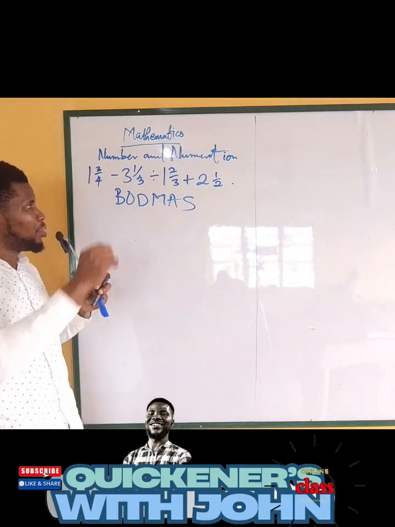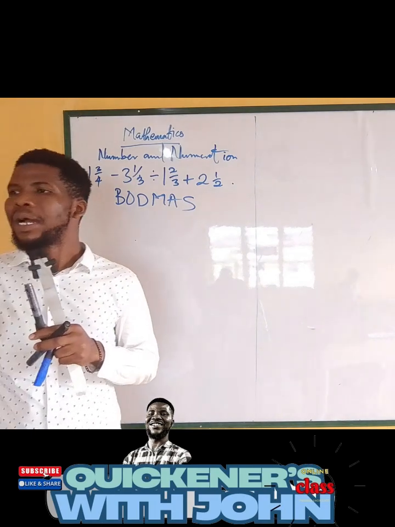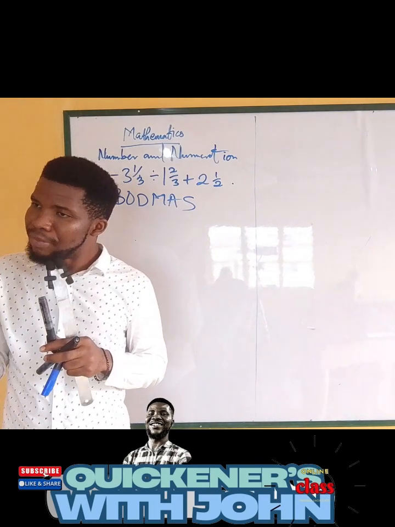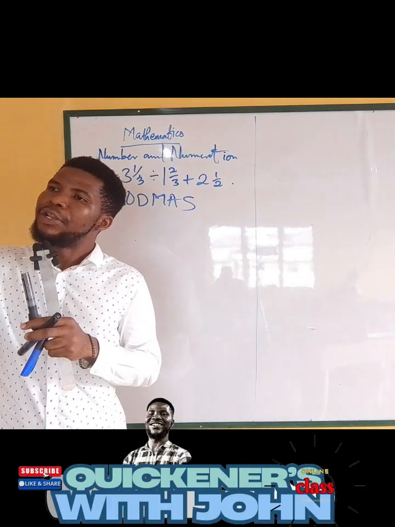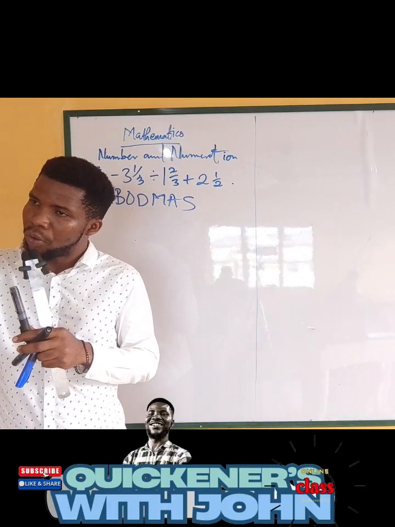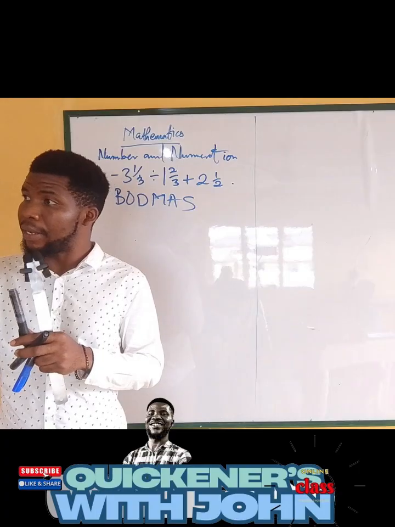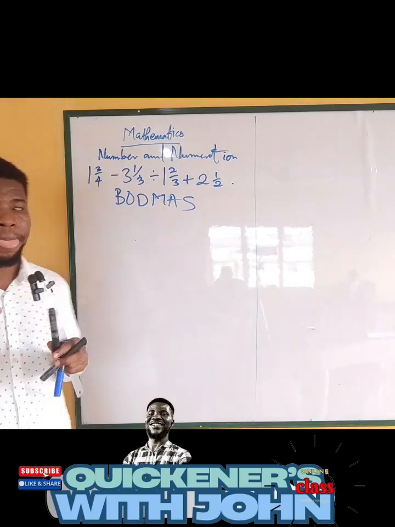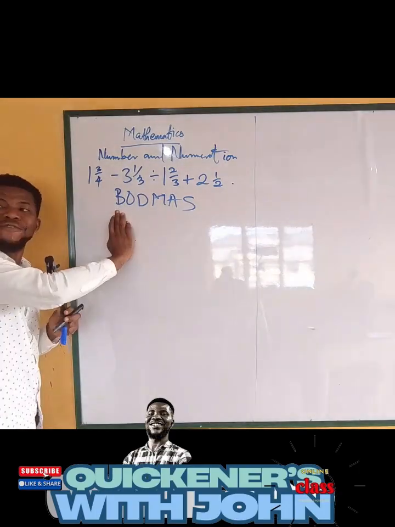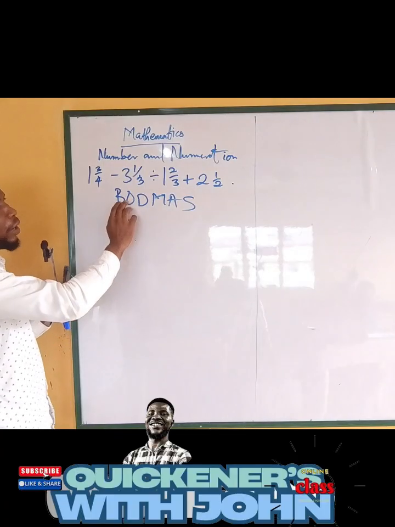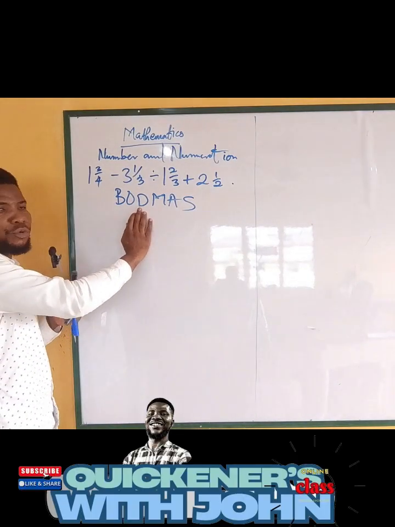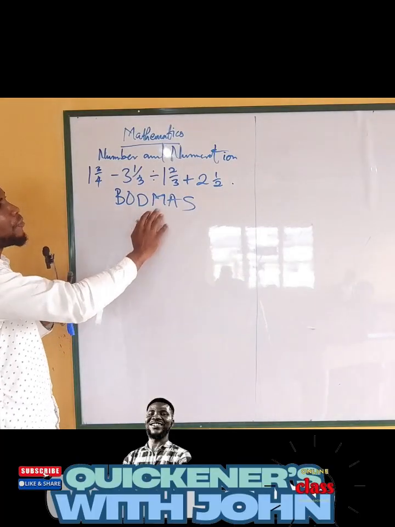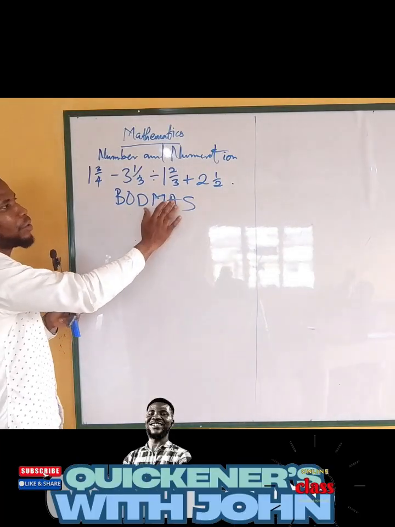Because the sequence shows the engagement or operation. What I mean by that is that the operation you follow in sequential order. You operate the bracket, if there's a bracket in the operation, before you go to off, if it has off, before you do division, before you do multiplication, and before you do what?